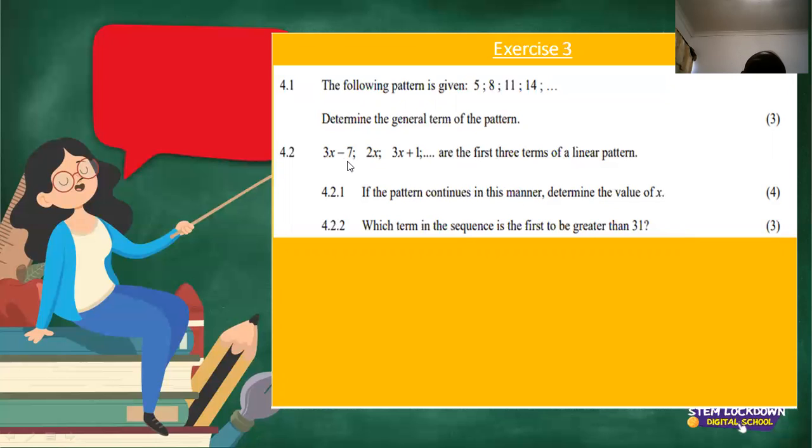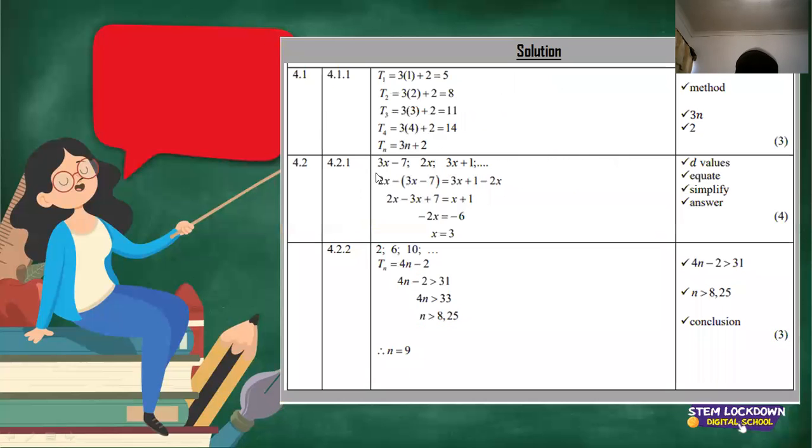And how do you get your constant common difference? Your second term minus your first term must be equal to your third term minus your second term. So we create an equation from there, since we know our differences must be equal: 2x minus bracket 3x minus 7 equals 3x plus 1 minus 2x. And then we can solve for our value of x.